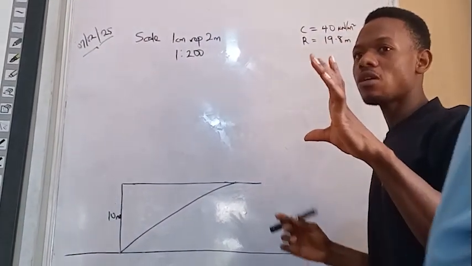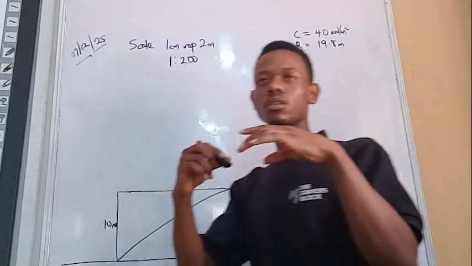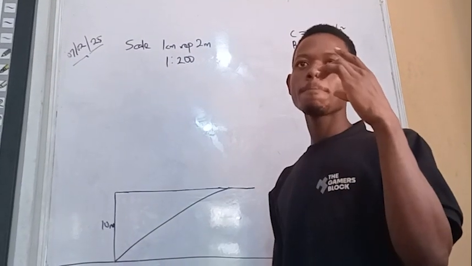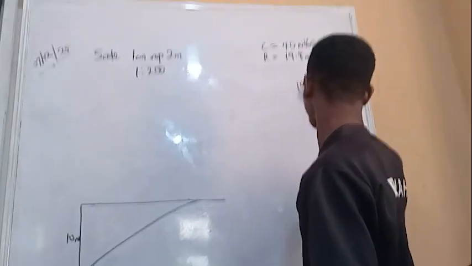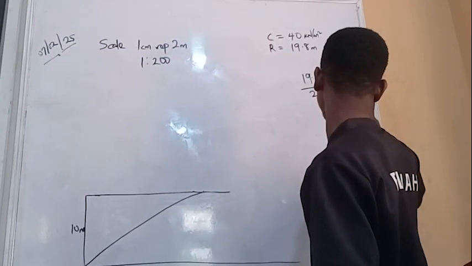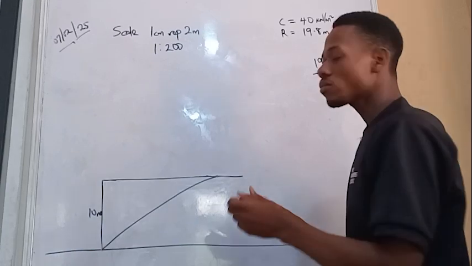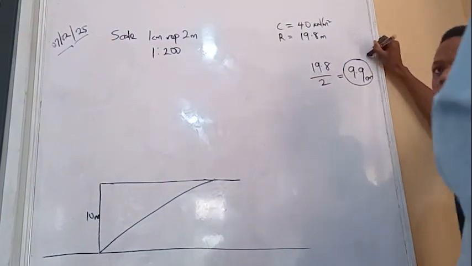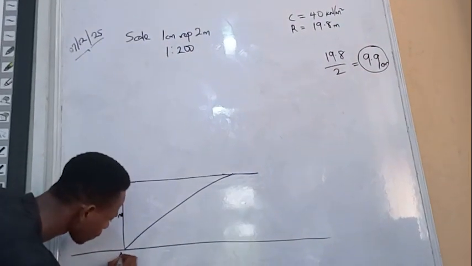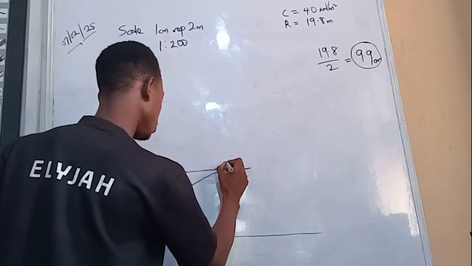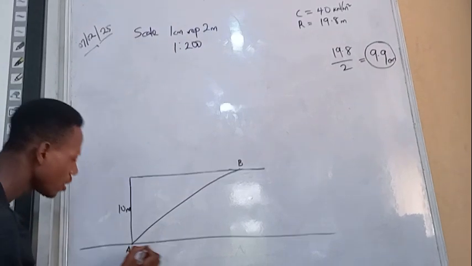So with your compass now, I believe everyone has fixed the pencil in their compass. Instead of using the black part, you use this part. So with your compass, measure this 9.9. So stand on point A, make an arc.